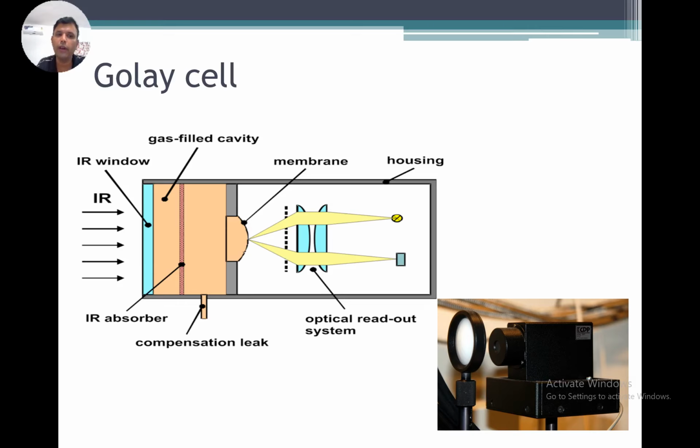The expansion depends on the intensity of IR radiation, so the intensity of light falling on the second chamber also changes. That is the basic principle behind the Golay cell.